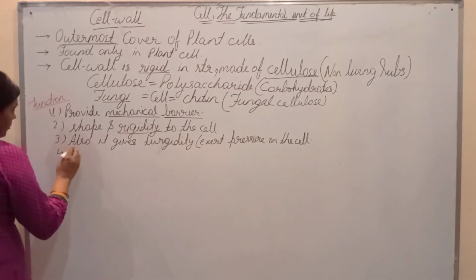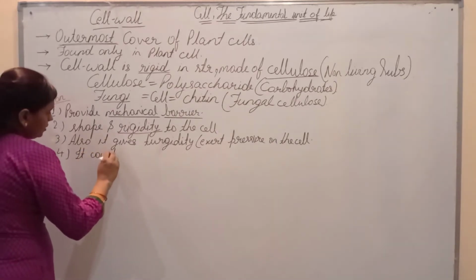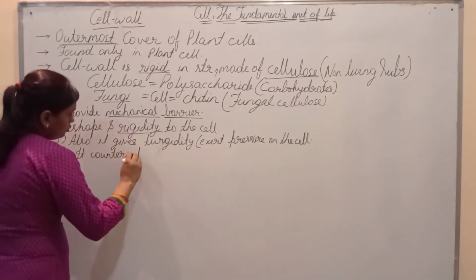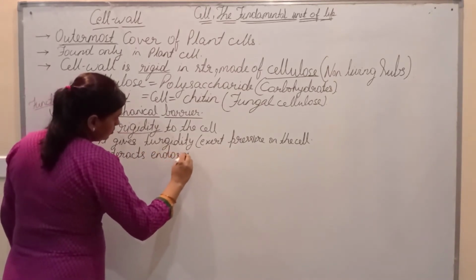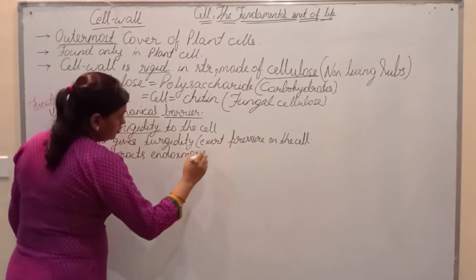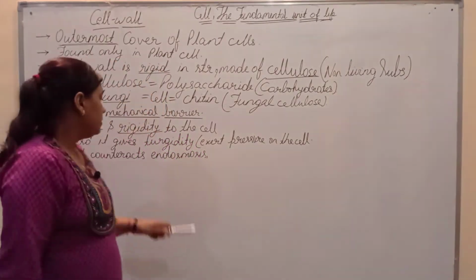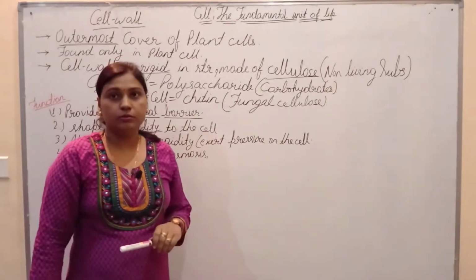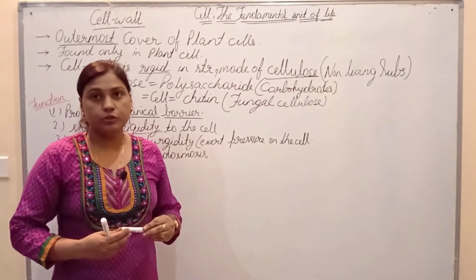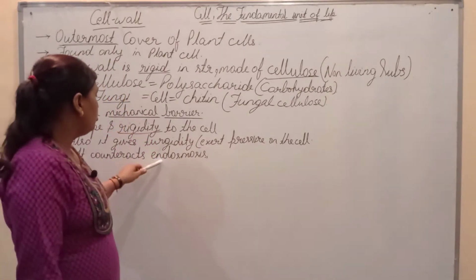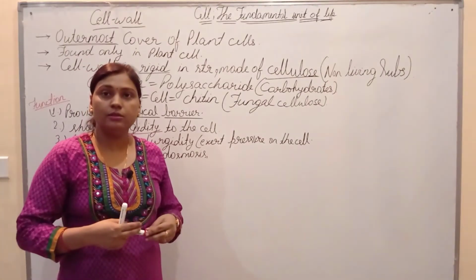Cell wall also counteracts endosmosis. Endosmosis, which we read in the earlier classes, is that in hypotonic solution where dilute solution is found, more movement of water takes place from dilute solution to the cells.